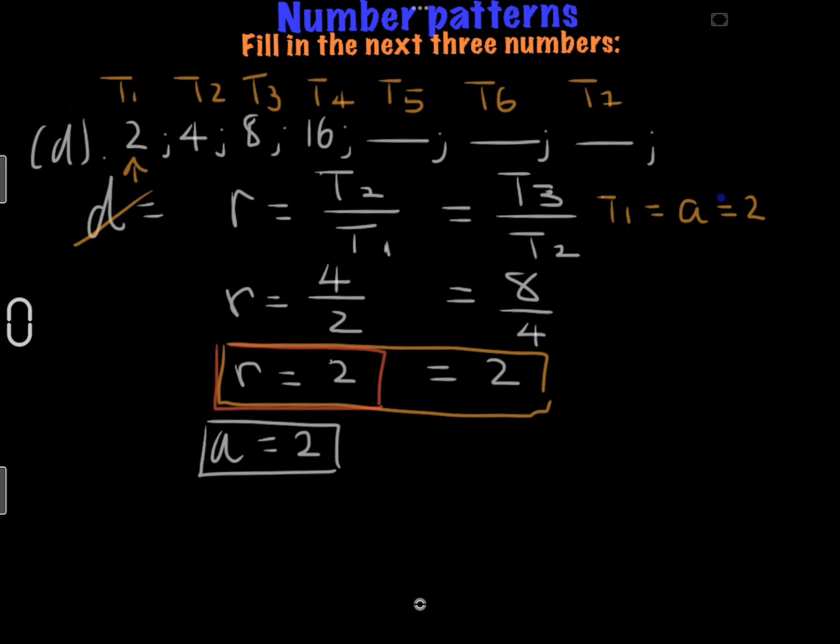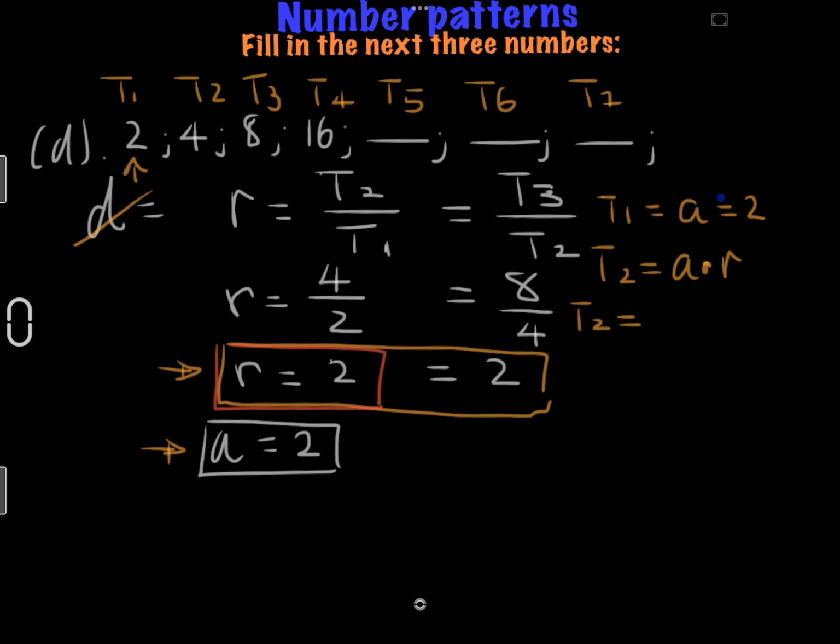Now moving forward, term 2 is equal to A multiplied by R. We know that R is our ratio, and A is our first term. Let's plug these values in to see what we find.